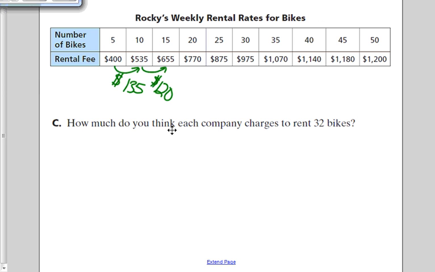So I want you to think how much they charge for 32. Write that down. This might help you decide that a little bit more. It was 100 and then 95.